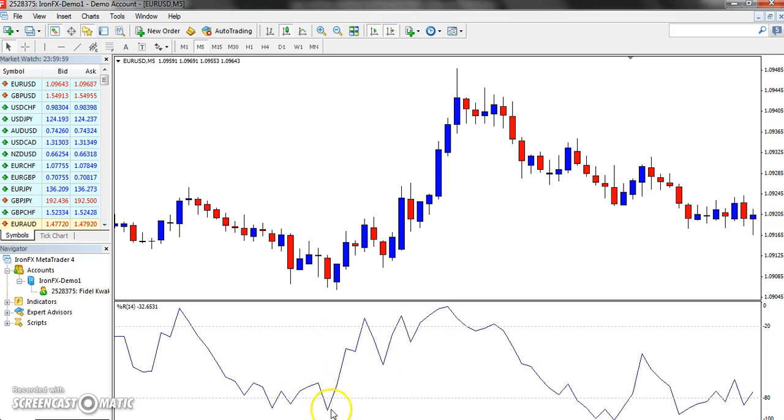Now, when it crosses below the 80 mark, it indicates that the price of the asset has been oversold, meaning that the price is too low. This is as a result of the fact that there is so much demand for the asset, but there isn't much supply for it, so the price starts to rise.